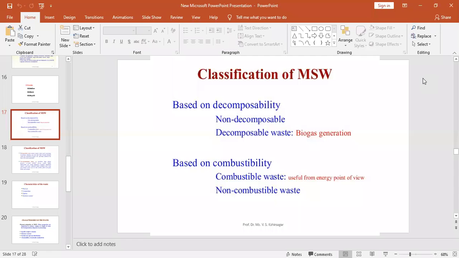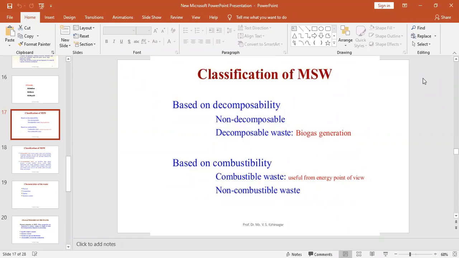Then the non-decomposable waste will not be decomposed either by the natural method or by the artificial method. Artificial method in the sense composting, biogas generation, these kinds of methods you are using. So decomposable material will get decomposed by natural as well as artificial methods.